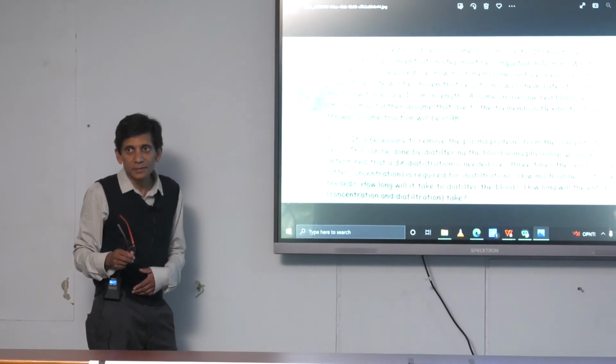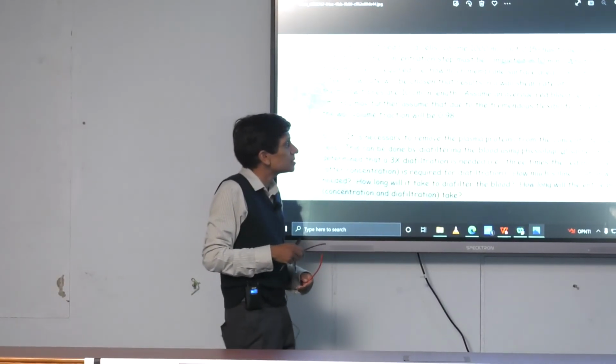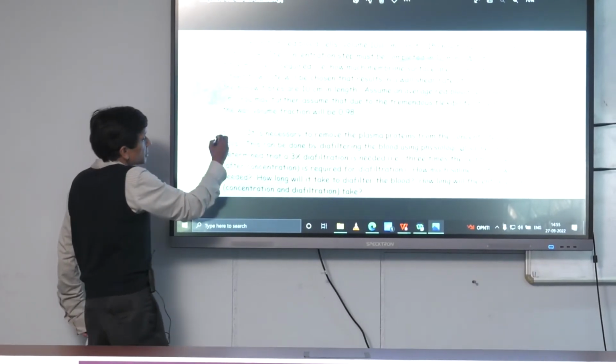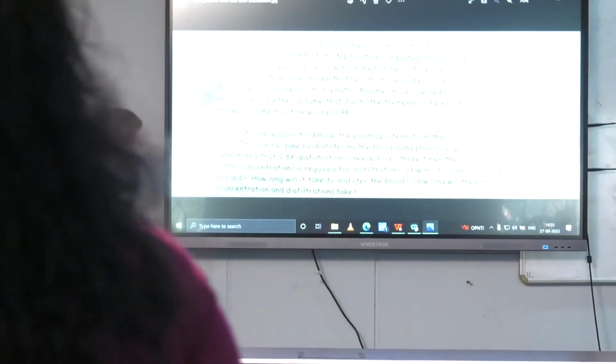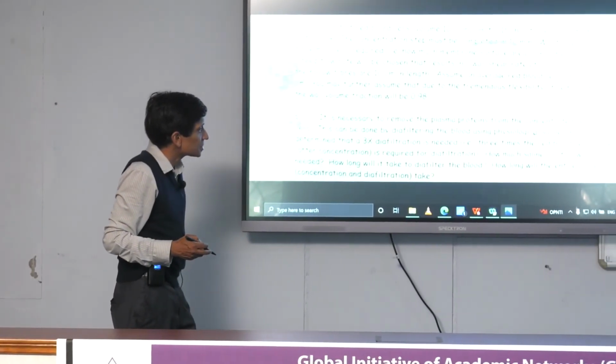Yes? Okay, good. Next, it says it is necessary to remove plasma proteins from the concentrated blood. In other words, the blood that has been concentrated to hematocrit here of 0.4. This can be done by diafiltering the blood using physiological saline.